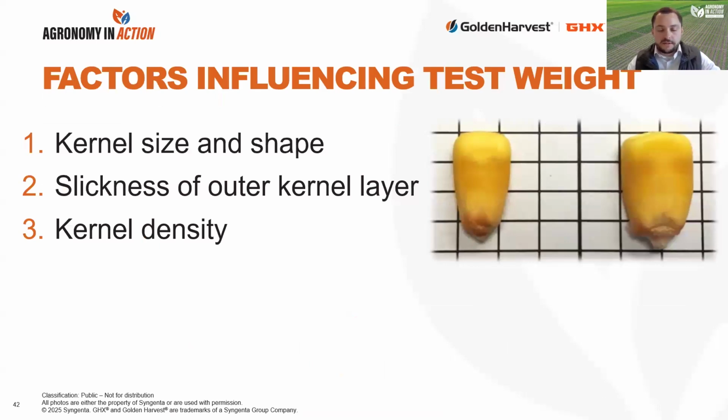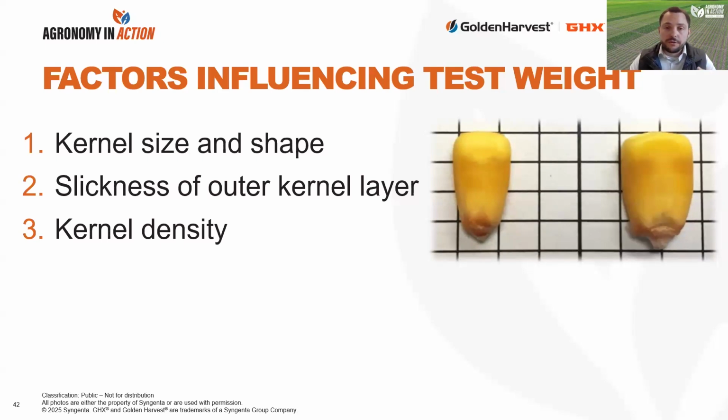So before we start to transition and move on from the test weight conversation, I want to just hit a few points more to make sure that we're clear on some of this. Test weight is really important and has its place, but the factors that really influence it are kernel size and kernel shape. And the larger the kernel, typically the lower test weight we'll have.